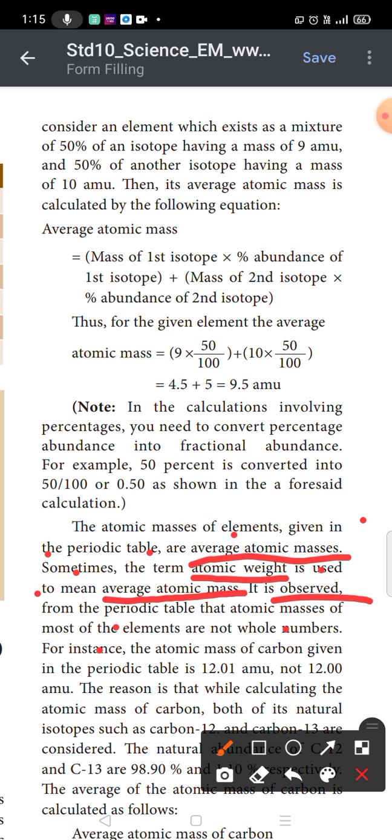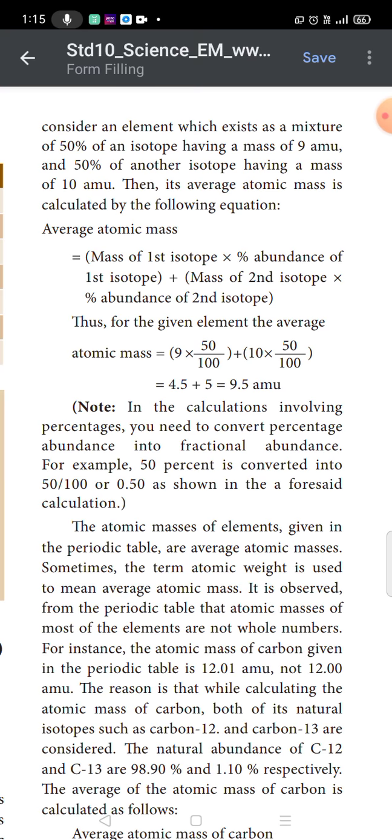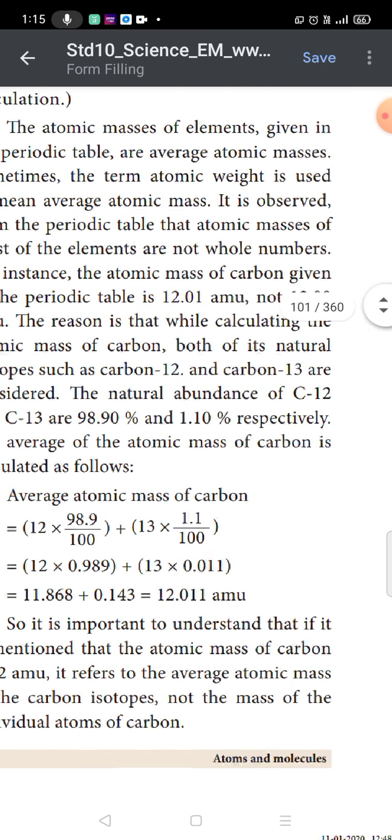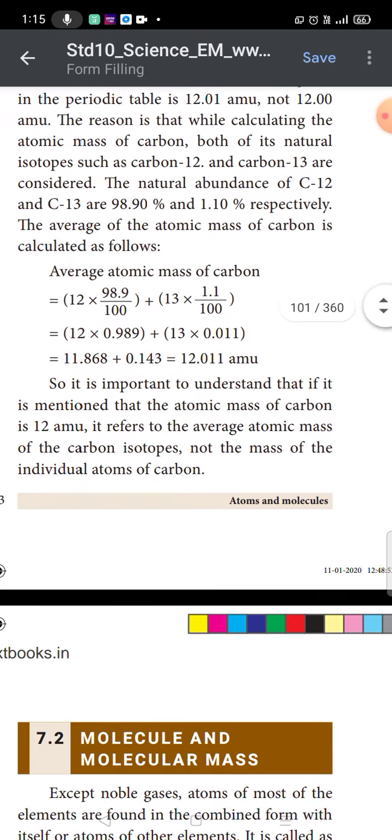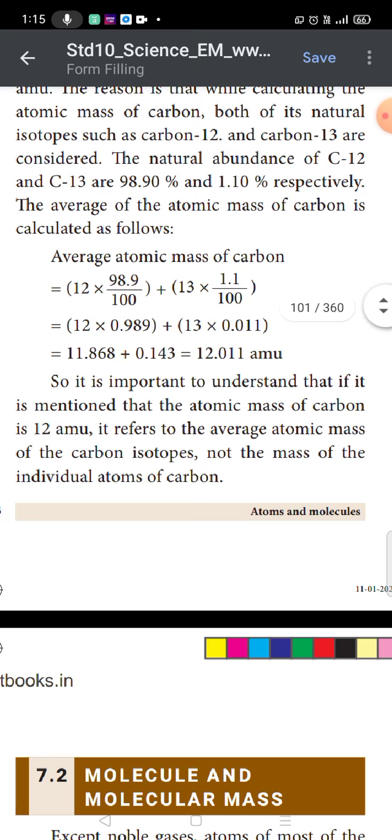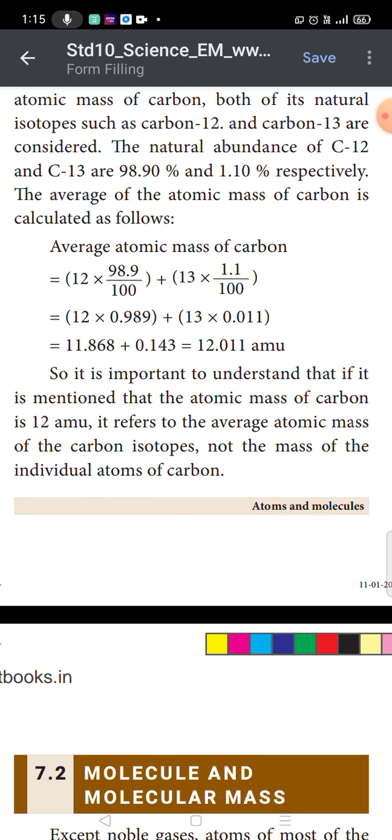For instance, the atomic mass of carbon given in the periodic table is 12.01 AMU, not 12 AMU. The reason is that while calculating the atomic mass of carbon, both of its natural isotopes, carbon 12 and carbon 13, are considered. Again we want to calculate the atomic mass of carbon from its isotopes.